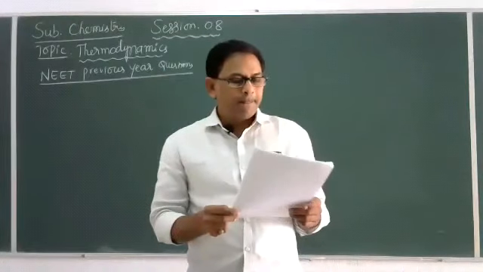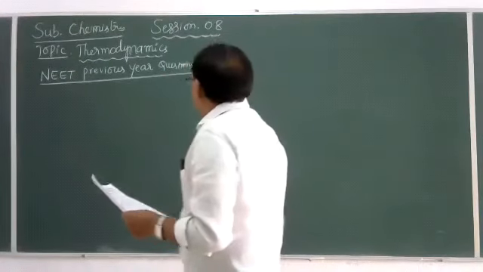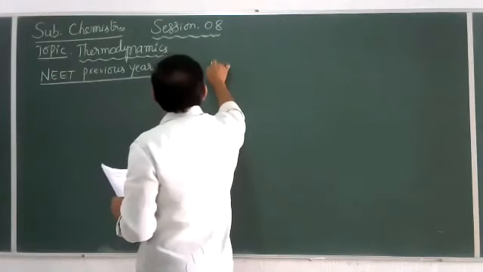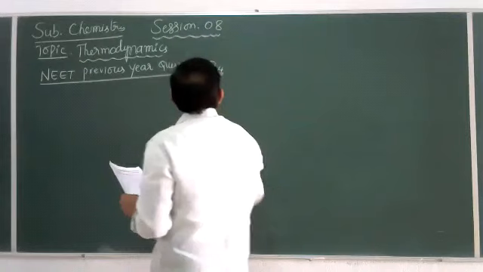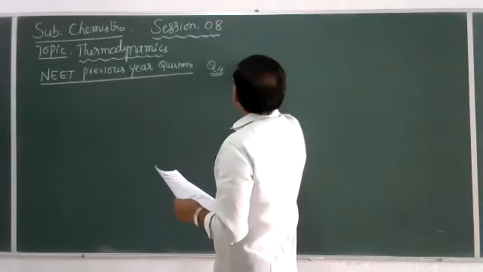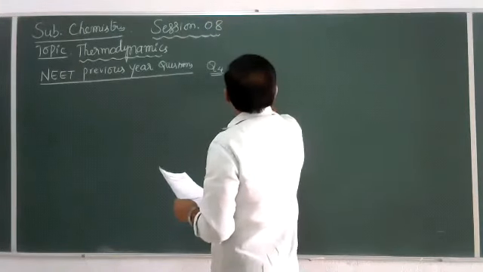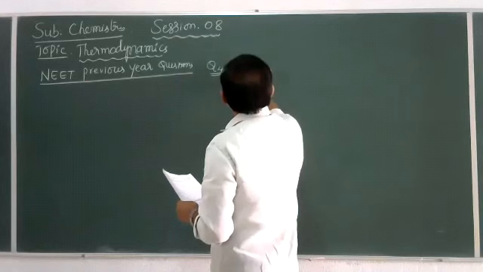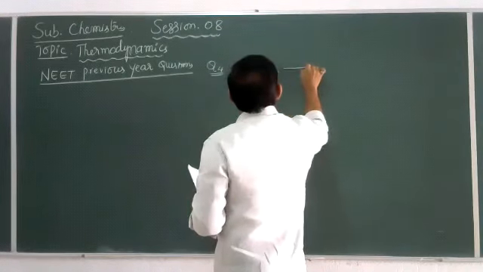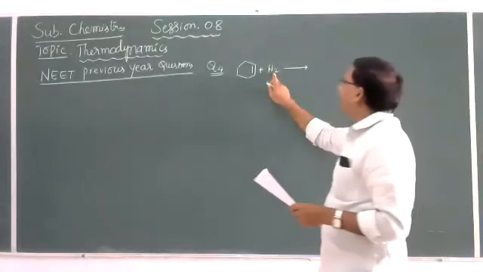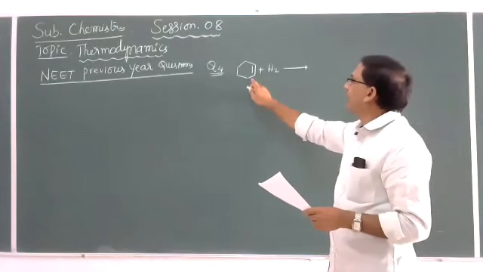Here question number 4 is given: hydrogenation of cyclohexene. Hydrogenation means addition of hydrogen to the corresponding alkenes.